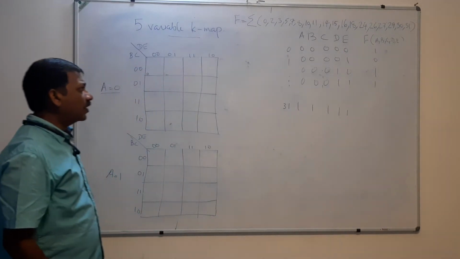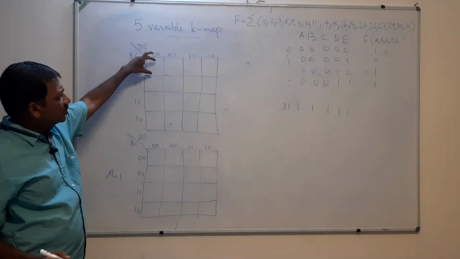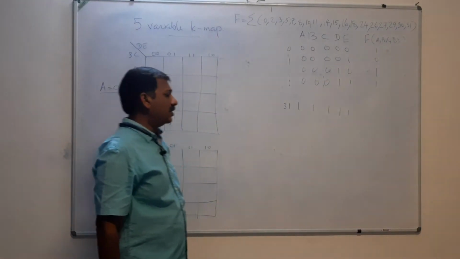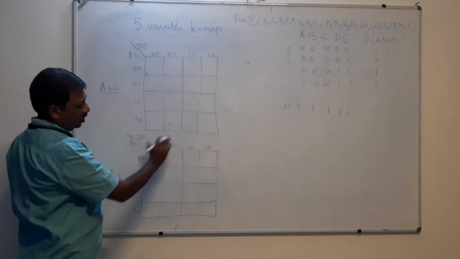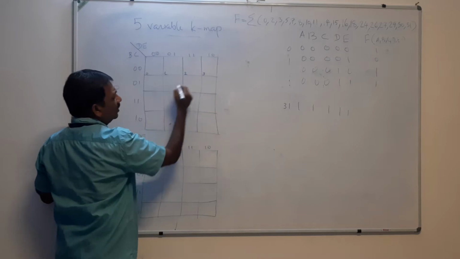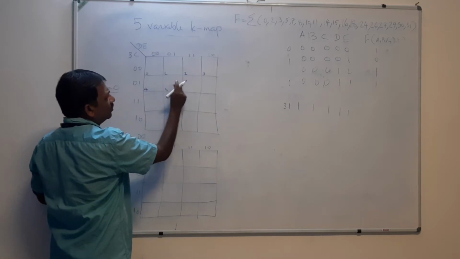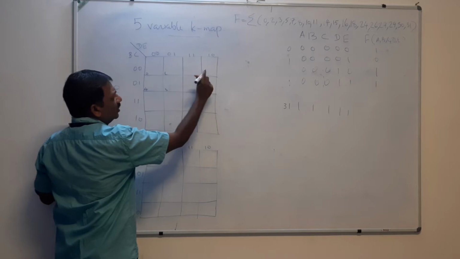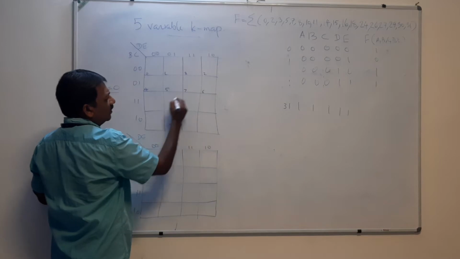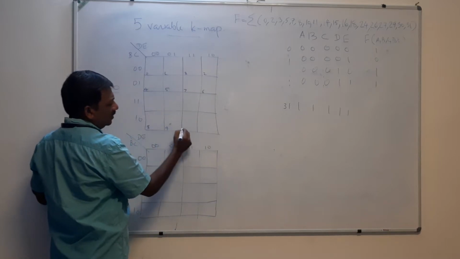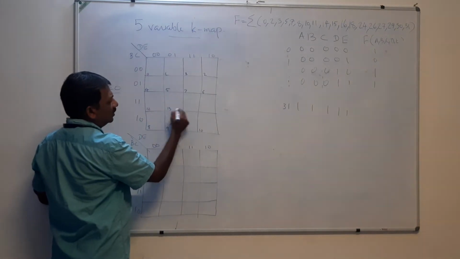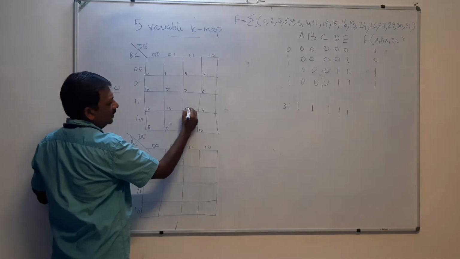Now for encoding each one of these, each column is represented by some value. Here you have 32 cells, and this is actually 0 1 2 3 4 5 6 7 8 9 10 11 12 13 14 15.